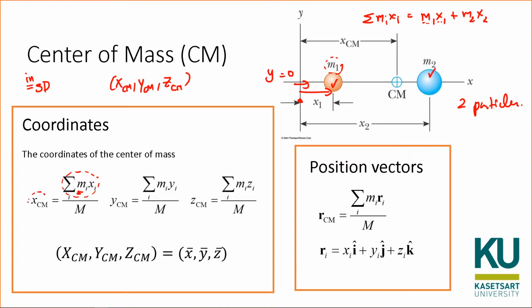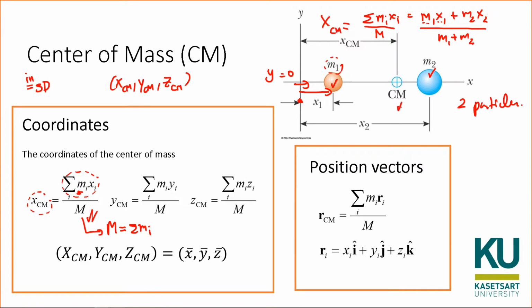In order to find the XCM, now you have to find the average. So you divide by the total mass, which is M1 plus M2. The big M here is the total mass that you have in the system. So M is the sigma Mi. So you sum up, and then divide this part by big M. So this is your XCM.